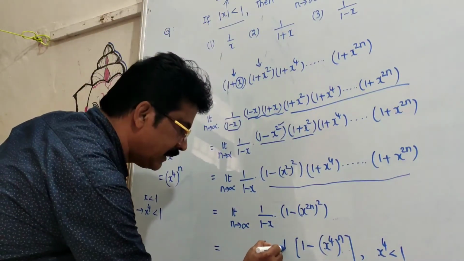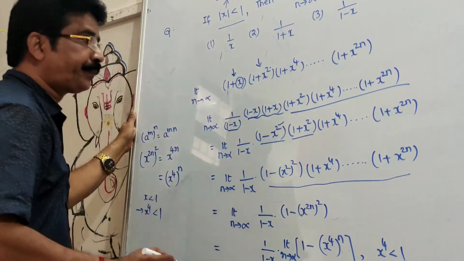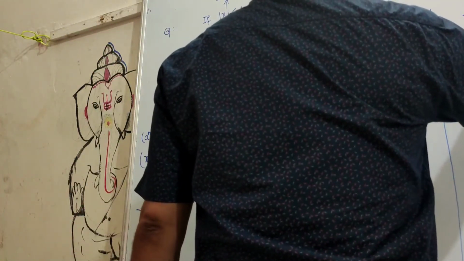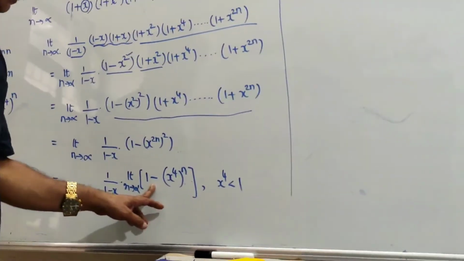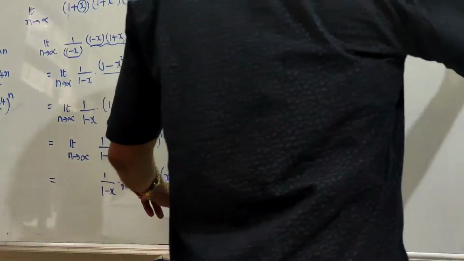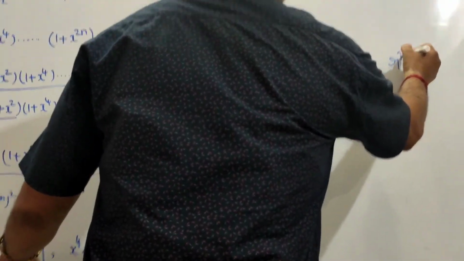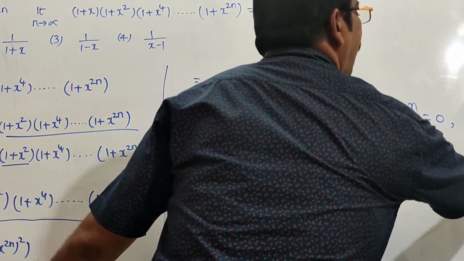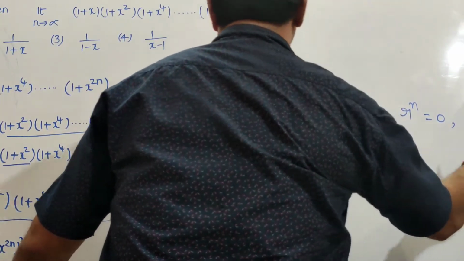So therefore, it is under the limit operator n tends to infinity. So that is equal to 1 divided by 1 minus x into (1 minus this one). Already I said one formula: limit as n tends to infinity of r to the power of n equals 0 if r lies between 0 and 1, that is, less than 1 particularly.